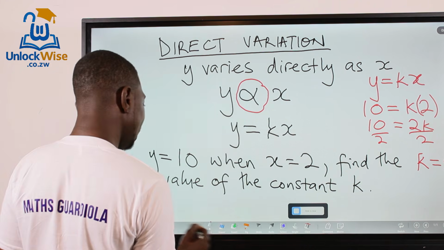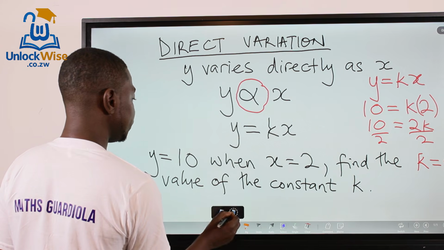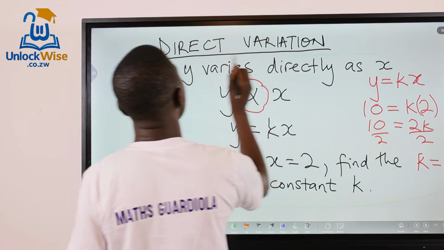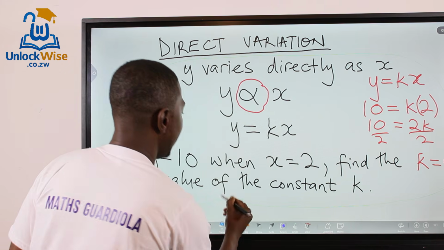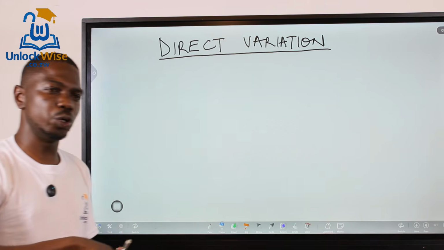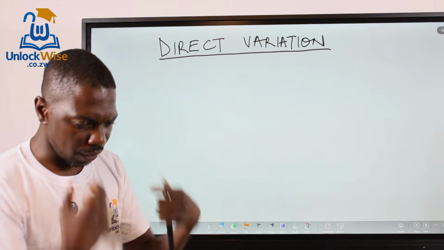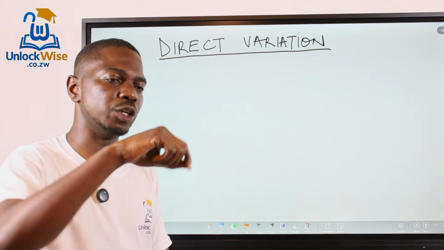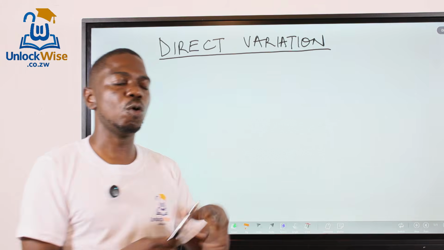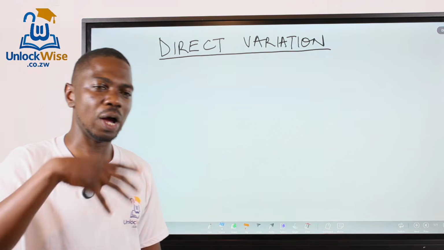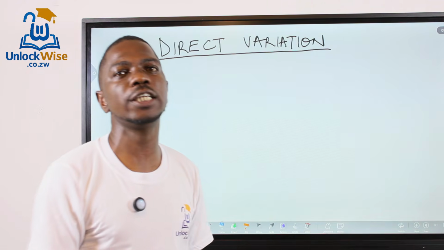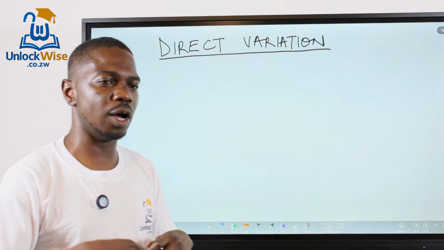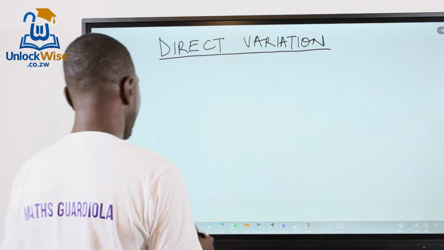I also want you to understand this. You can also be asked to find the value of one of the variables after you have managed to calculate the value of k. I will do this with an example.